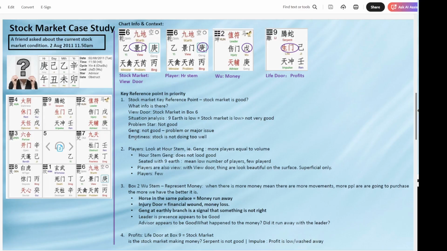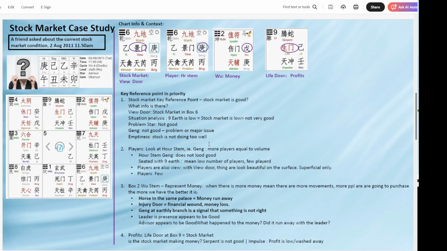We also see emptiness within the box, and it shows that the stock is not doing too well. When there's emptiness, that means everything is cut by at least half. So let's take a look at the other reference point, which is the players.